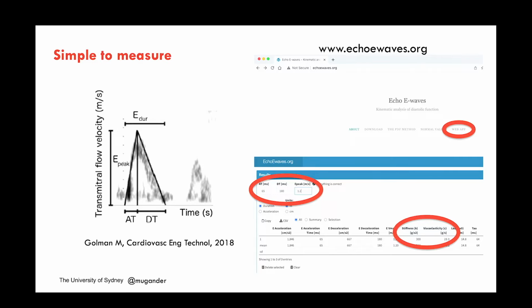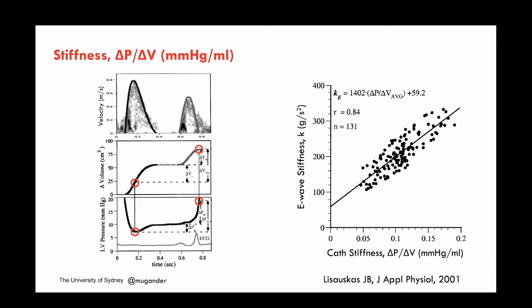So what other measures can we glean out of this, and why is this important, if we're able to measure the acceleration time, deceleration time, and peak E wave, and then get these mechanistic characteristics? Well, it turns out we can get stiffness not only in terms of the damped harmonic oscillator, but it correlates extremely nicely with that gleaned by invasive catheterization.